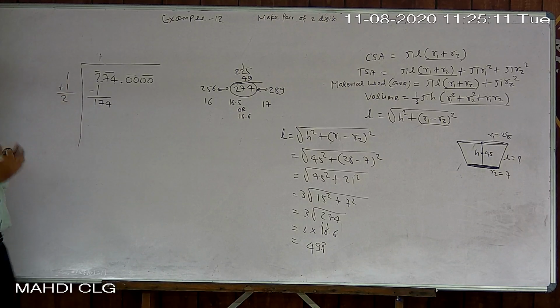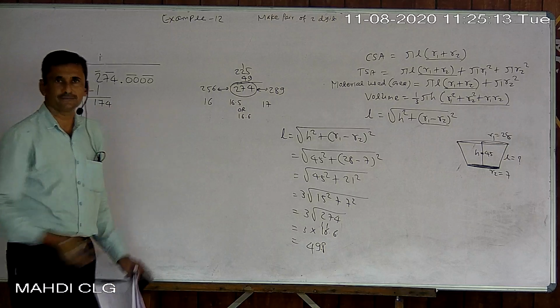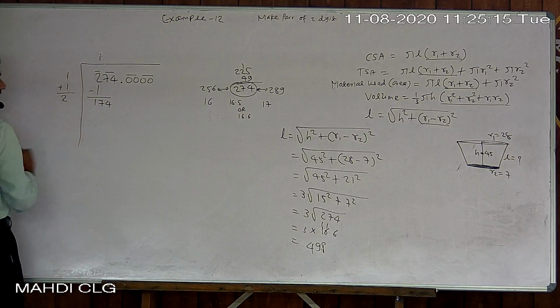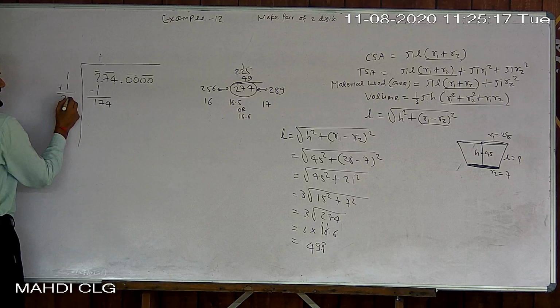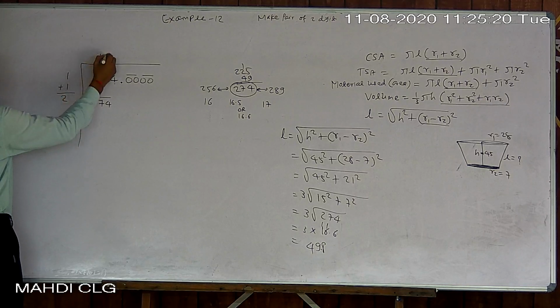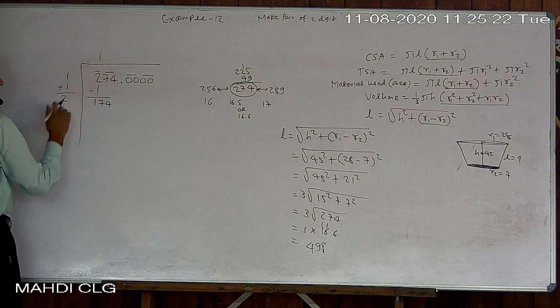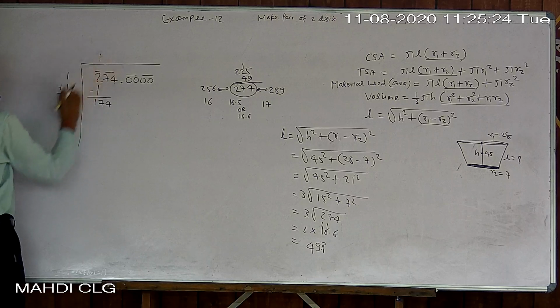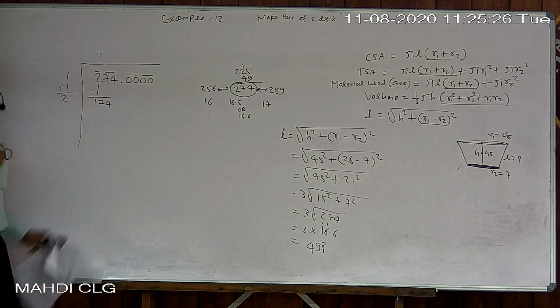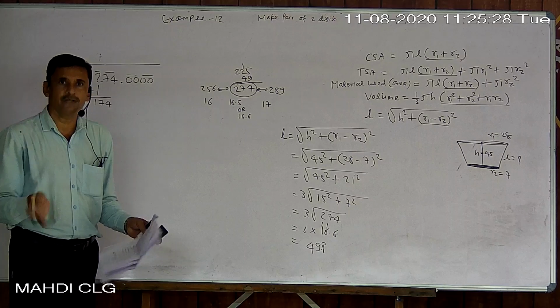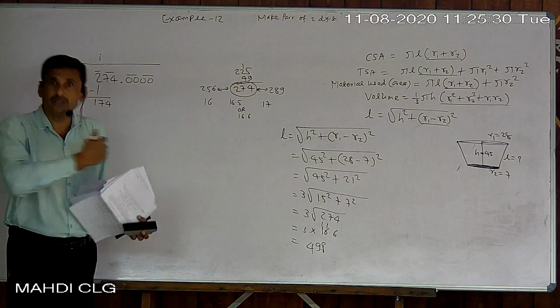Now 2 is left. If you place 1 here, then you have to place 1 there too. If you place 2 here, then 2. So 21 times 1, 22 times 2, 23 times 3, 24 times 4, 25 times 5. That way you have to go.